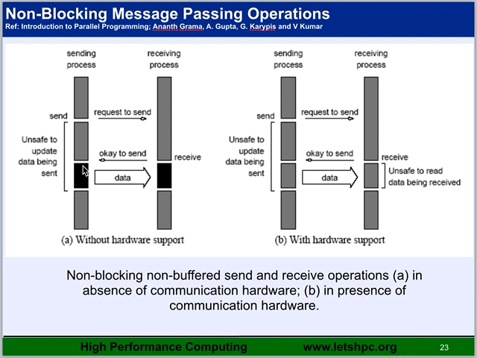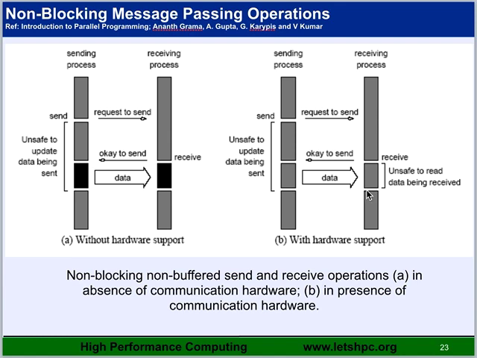So you can see the danger in this case is that there is a time when it is unsafe to update the data being sent. So you have to make sure that we do not update the data unless it is properly sent to the receiving end.